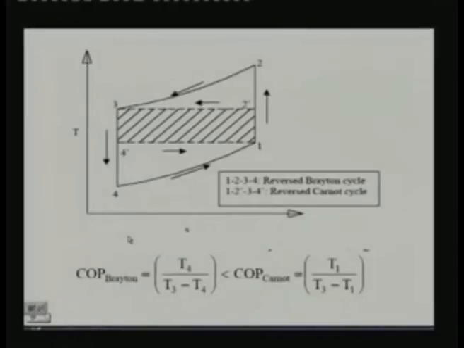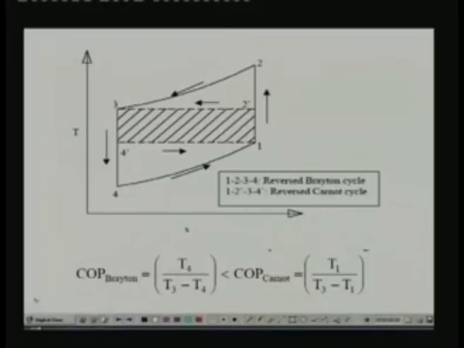What I am showing here is the reverse Brayton cycle 1, 2, 3, 4. You have two isobaric processes here: processes 2 to 3 and 4 to 1 are isobaric, and processes 1 to 2 and 3 to 4 are isentropic.